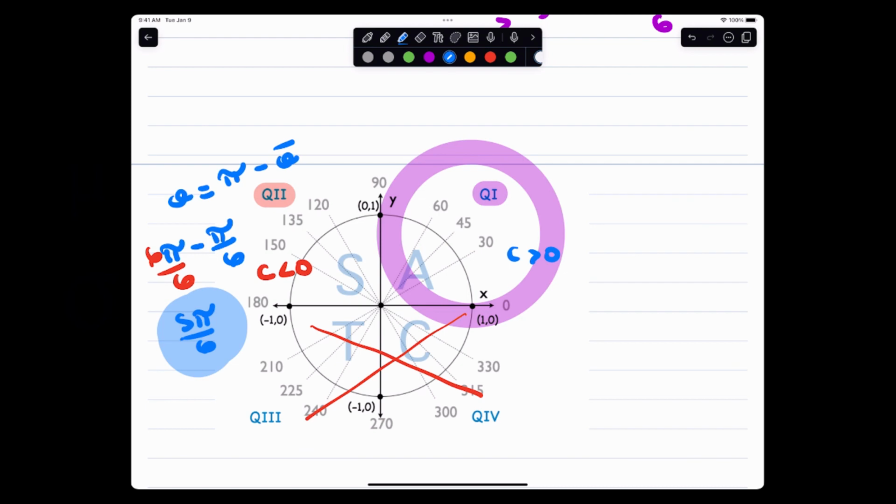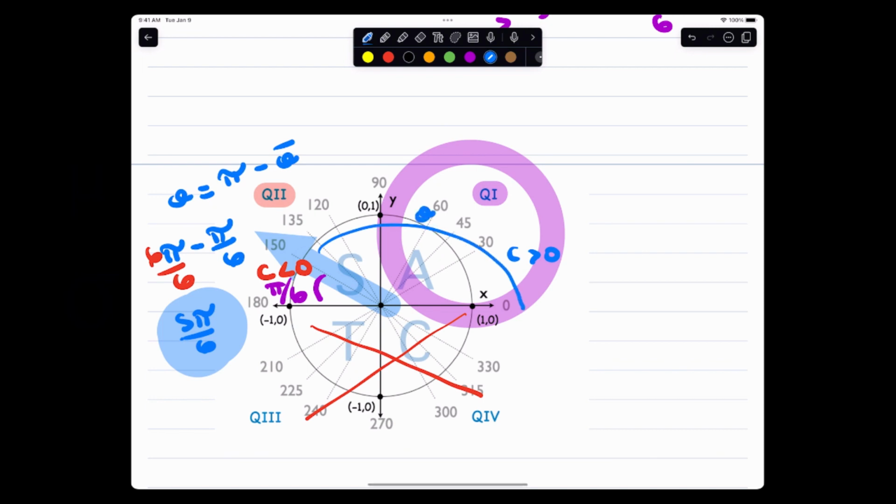And that 5 pi over 6 again, remember, here's the picture of it. You got the reference here, pi over 6. But that means your angle is that 150 degrees.